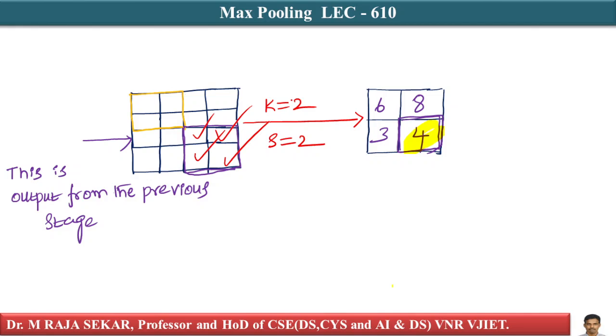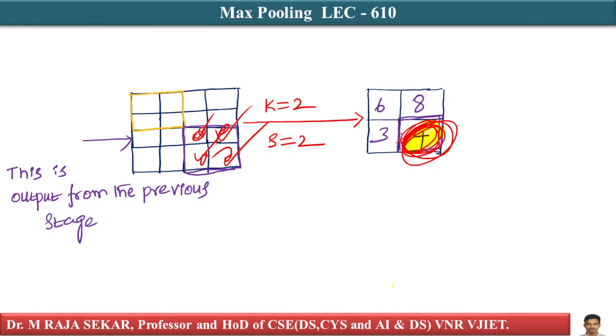If you have an edge, this will fire up. Which one will fire up? This 4 will fire up. So it is a higher value. So max pooling is saying whether you have an edge here or here, I will keep the maximum value here. Maximum value will be fine.